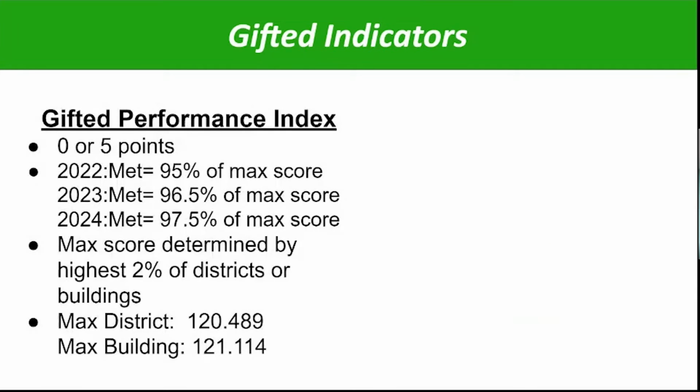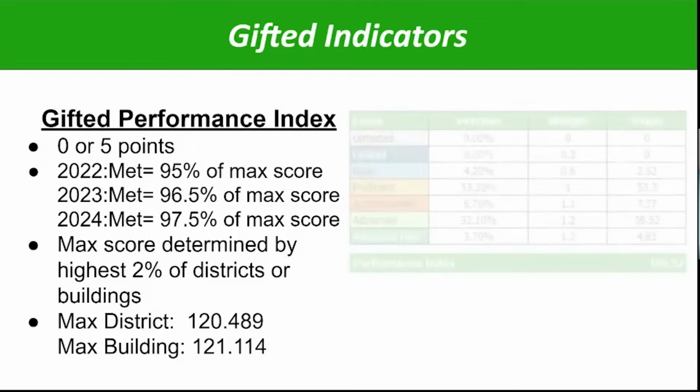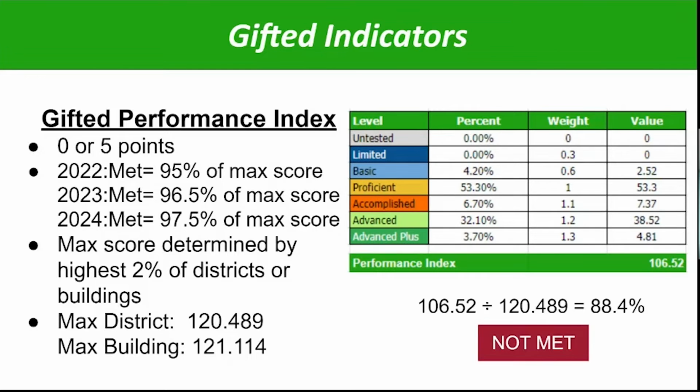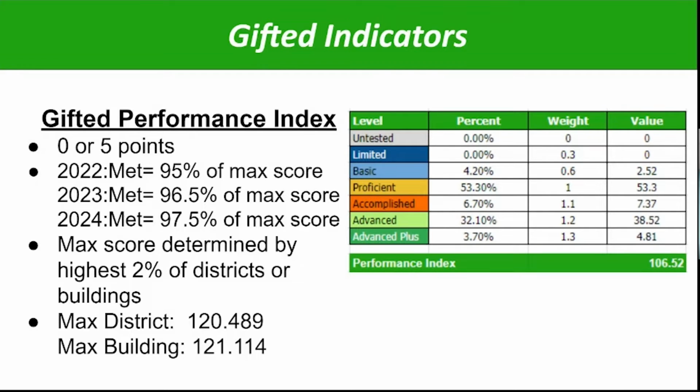Okay. The next part then is Gifted Performance Index. And Gifted Performance Index is where we assign different values based upon the performance level on the test. So this one also is a 0 or 5 points. And I jumped ahead a little bit there.